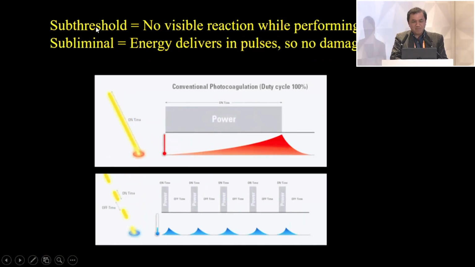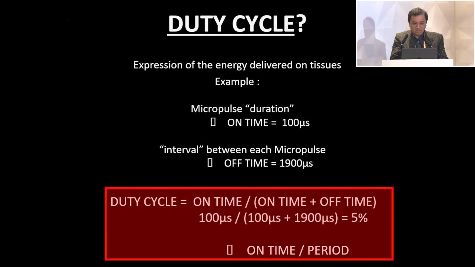So again, subthreshold means no visible reaction while performing the laser, and subliminal means that the energy is delivered in pulses, so there is no damage to Bruch's membrane. Here you can see that we choose the power, and the power goes on, and for the rest of the cycle the laser is not firing, so that allows the tissue to cool down and not have the iatrogenic problem.